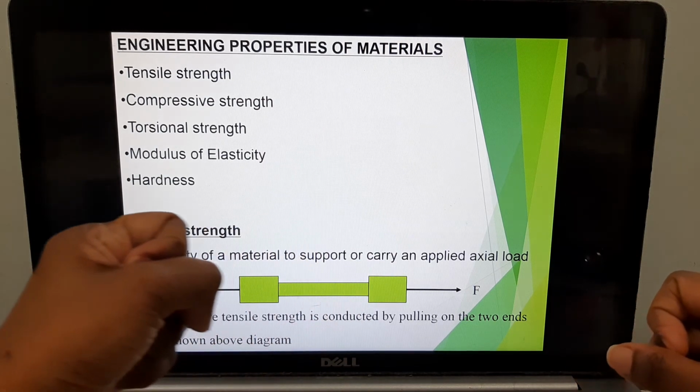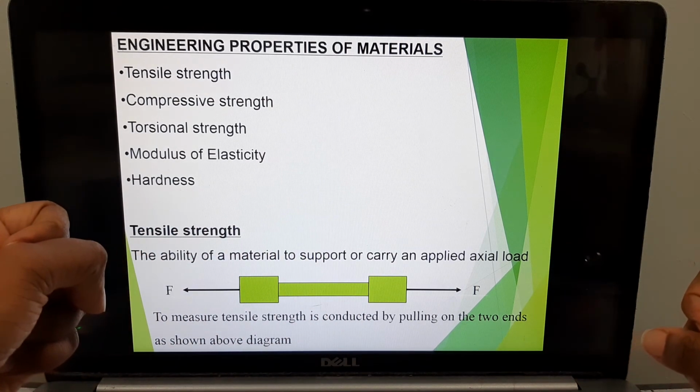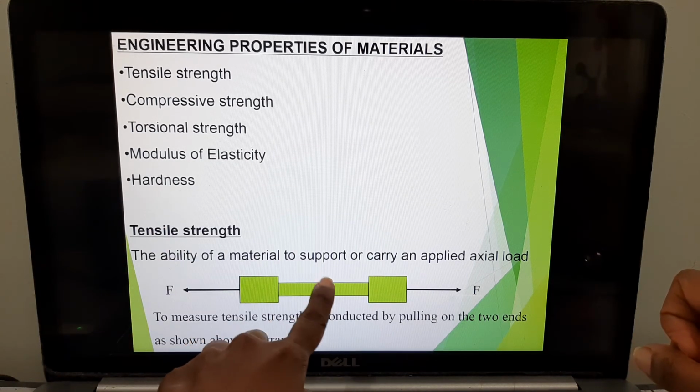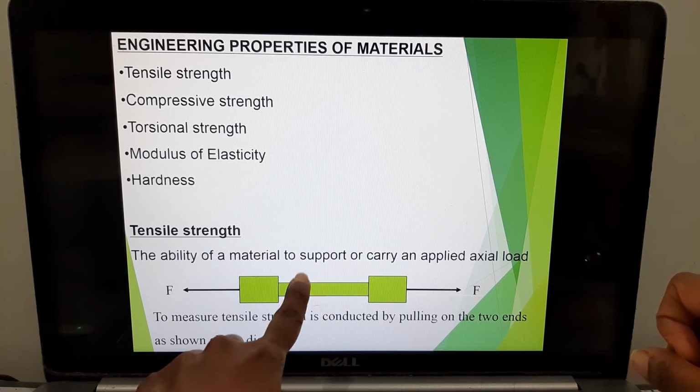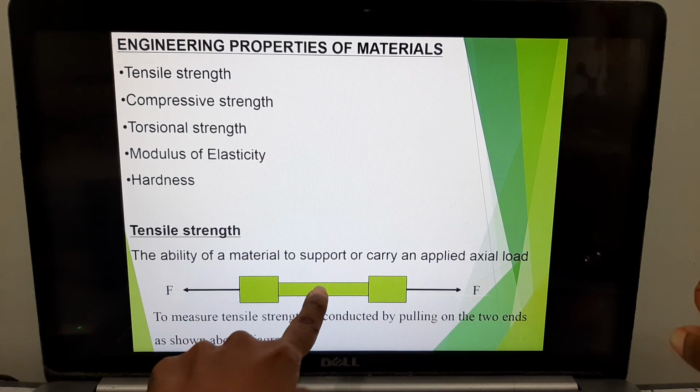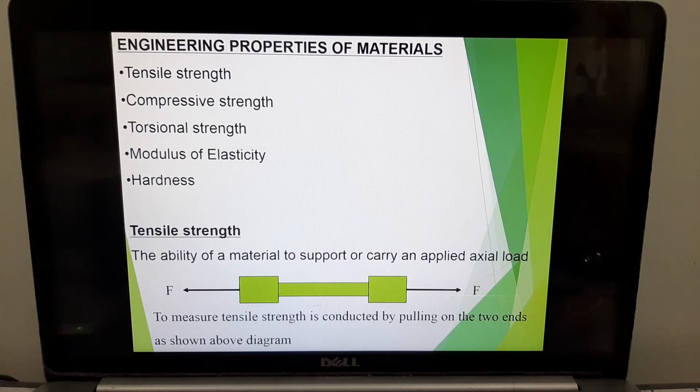As you keep increasing the stretch, you find that the material starts weakening in the middle, and as you stretch and stretch and stretch, the material becomes thinner and thinner and will finally snap at this region. Okay, so that is tensile strength.